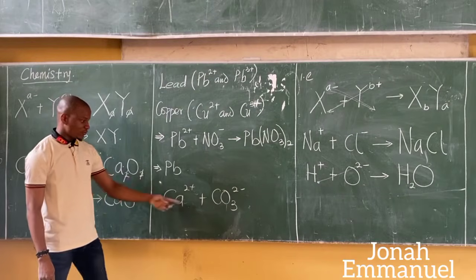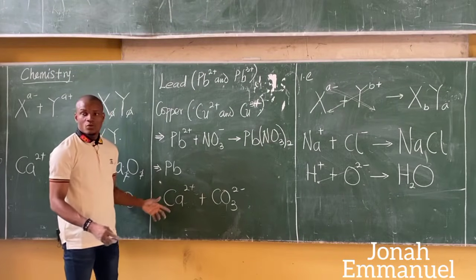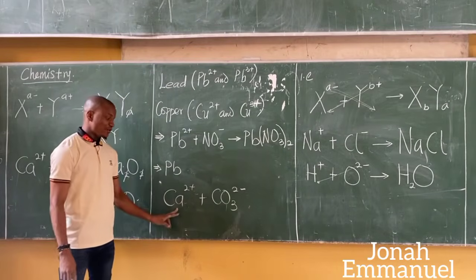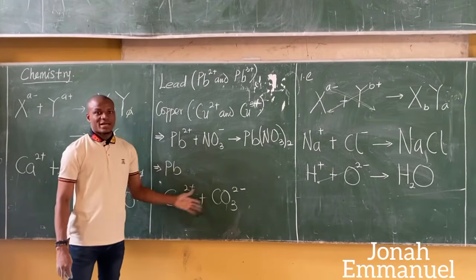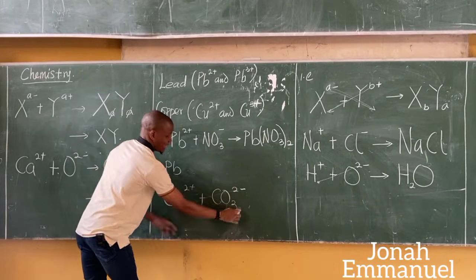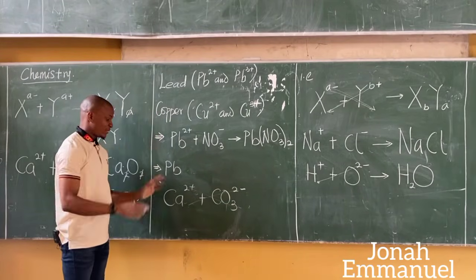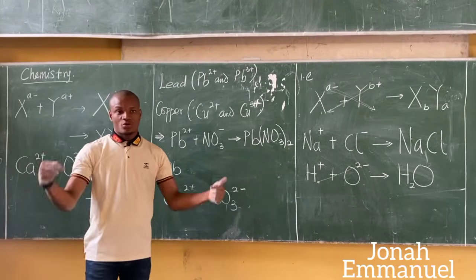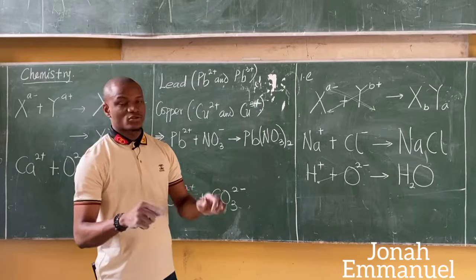That's the concept. What's the formula of limestone? Calcium and trioxocarbonate 4. These 2 must multiply. I'll go this way and we'll cancel out. CaCO3. That's the concept. So they cross and cancel out. It's 2 and 2. Cancel out.